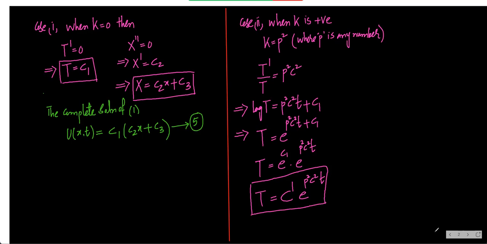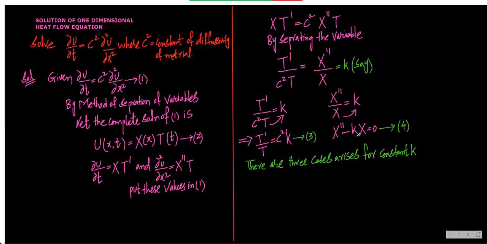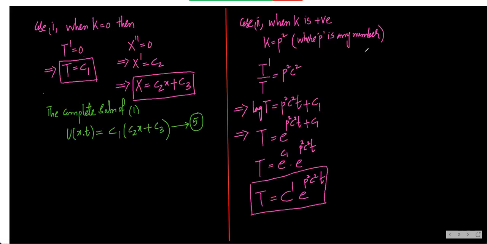Now, another case. Look at the previous case. Again k value we have to write as p square. So our equation will become x double dash minus p square x, right? Yes. X double dash minus p square into capital X is equal to 0.